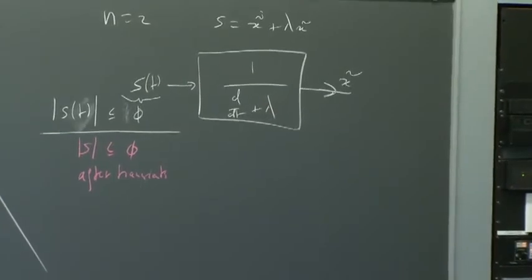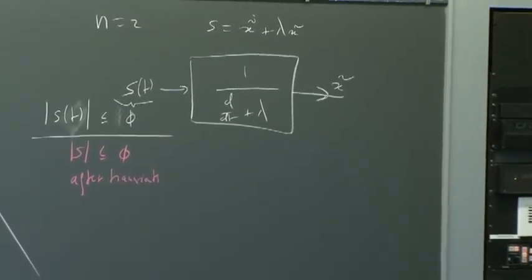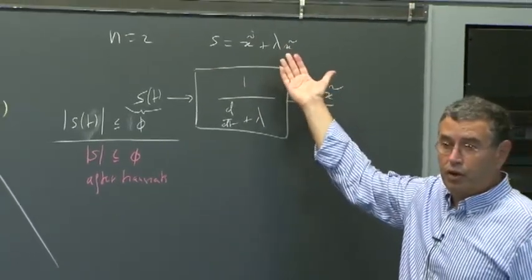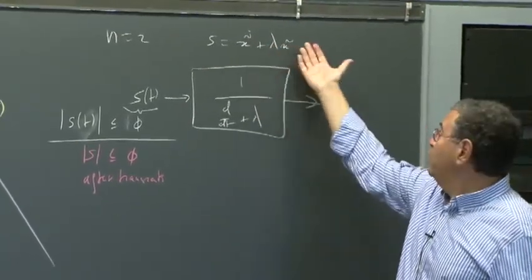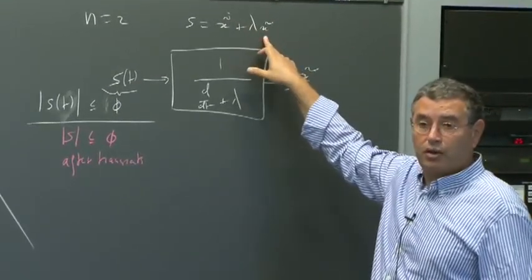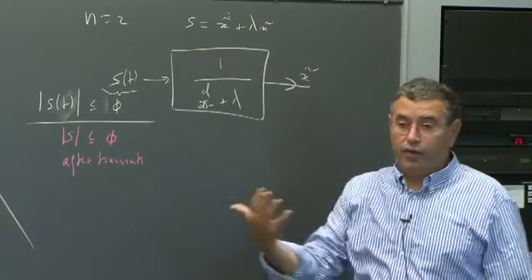So if you look at this system, this is always true as the definition of s. We know that its response is the effect of initial condition in x, and then the effect of s.